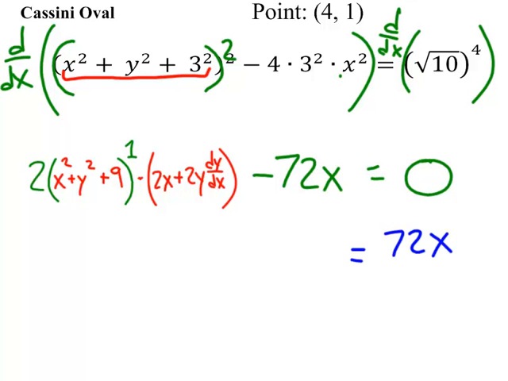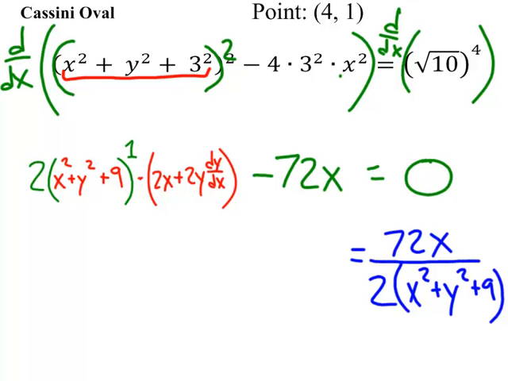And as long as we're at it, let's go ahead and divide this over to the right side as well. So we move the 72x over, and then we'll divide by 2 quantity x squared plus y squared plus 9. And what I've got left is just this 2x plus 2y dy over dx.